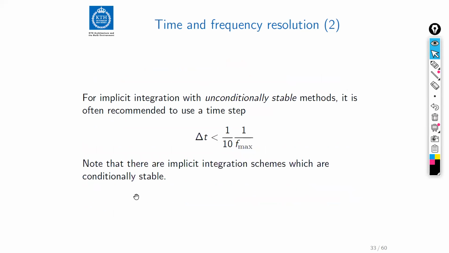So I said that I wasn't going to talk too much about the actual methods of solving these problems, but there are some rules of thumb that can be easily picked up from the literature. And so if we use implicit integration with unconditionally stable methods, this recommendation is quite common, that you need a time step that is smaller than a tenth of the shortest period involved in the analysis.